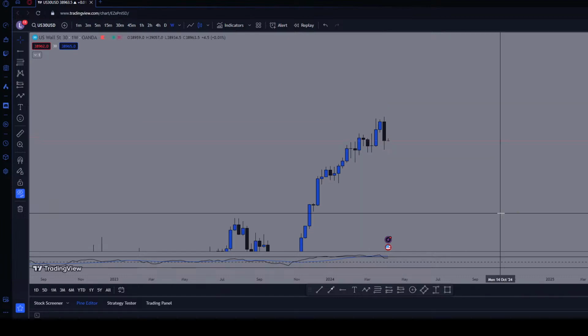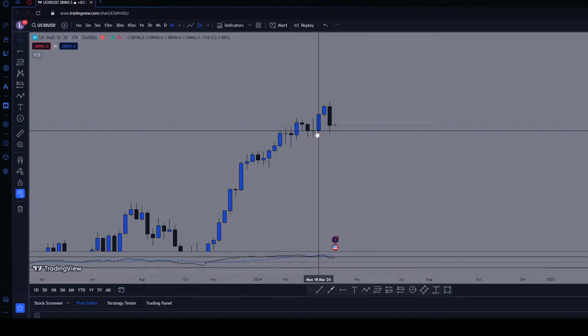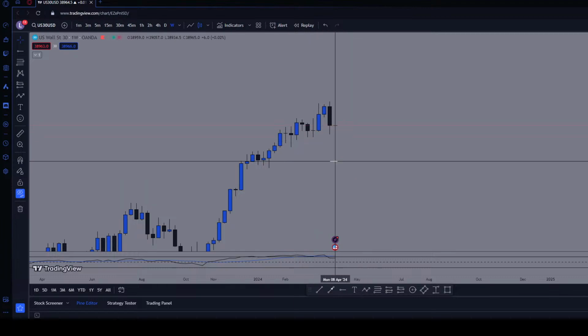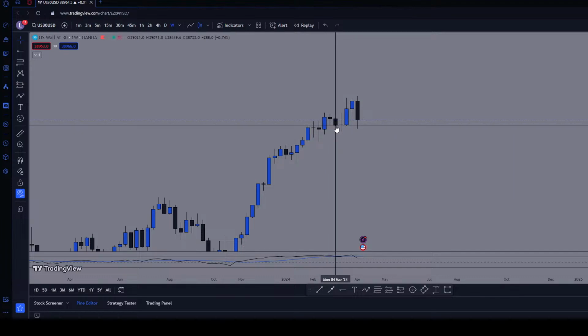Now given that last week left us off very close to this structure point that we have here, to give you guys the exact price, it's going to be 387.32.8. At that price point, I don't see price breaking that this week.